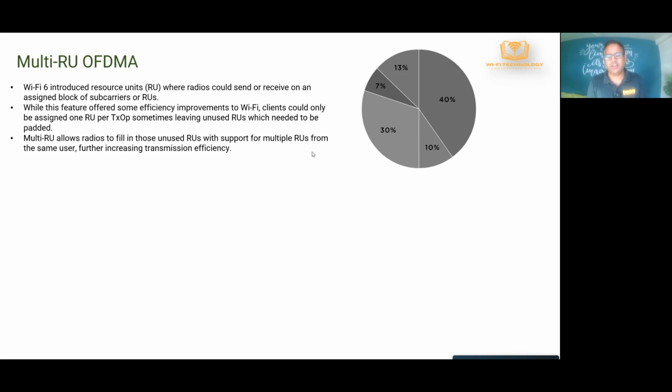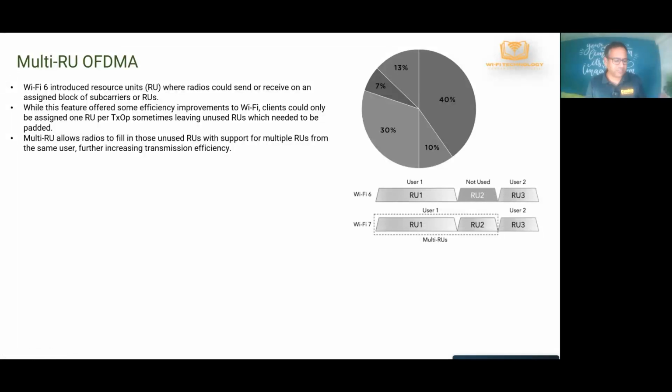An example is this pie chart here. Let's assume that this entire pie is 80 megahertz. You can take portions of that, of different sizes, and allocate them to different users. Each one of them can be considered an RU, right? Normally, each station gets only one resource unit. The resource units can be different sizes, just like what you see in this pie chart.